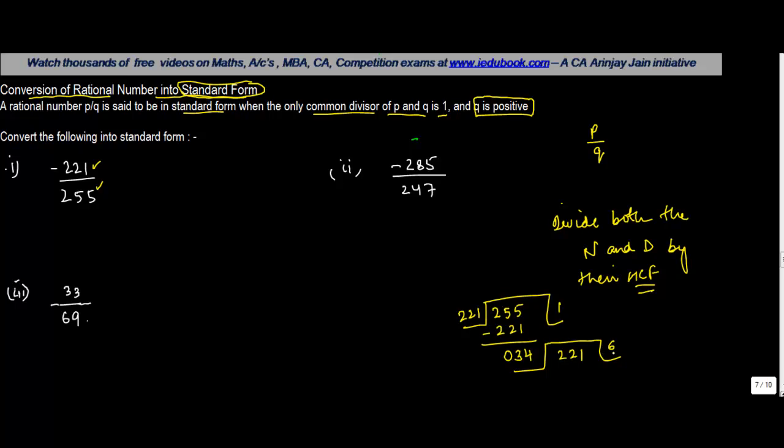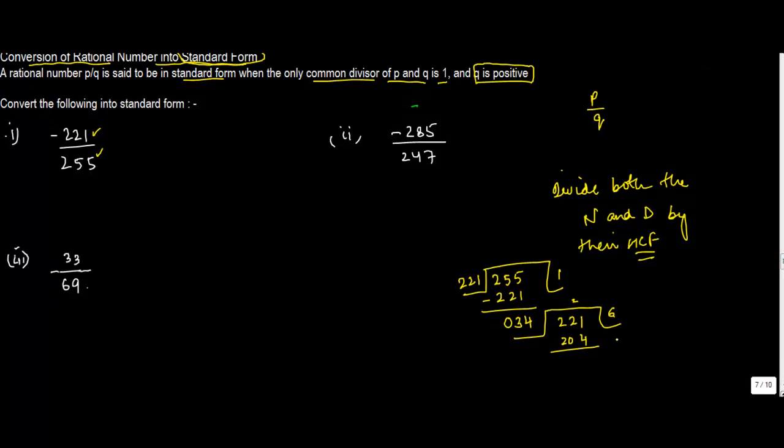We'll do it by 6. 6 times 4 is 24, 4, 2 carry, 6 times 3 is 18 plus 2 is 20. Eleven minus 4 is 7, and 1 minus 0 is 1. Again, the remainder is not 0, so we make this the dividend, 34. 17 into 2 is 34, we subtract it to get 0. Hence the highest common factor of both 221 and 255 is 17.